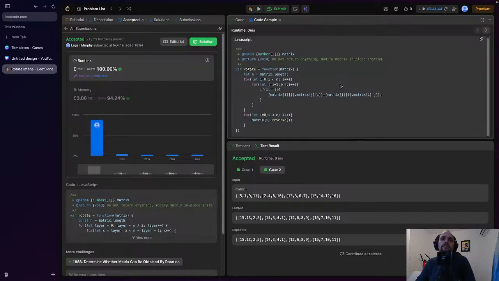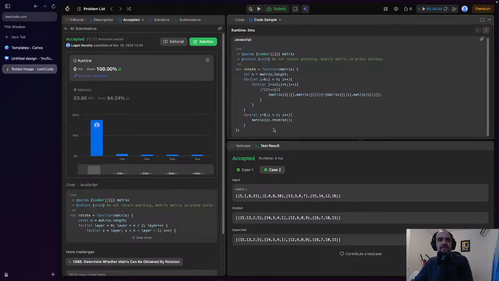Oh, wow. So they go through each element and then they swap the places of some elements. This seems fairly expensive. No, reverse?